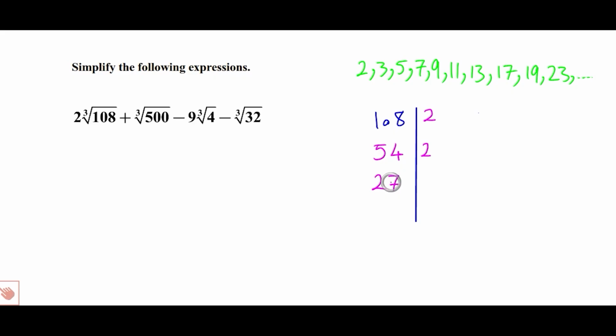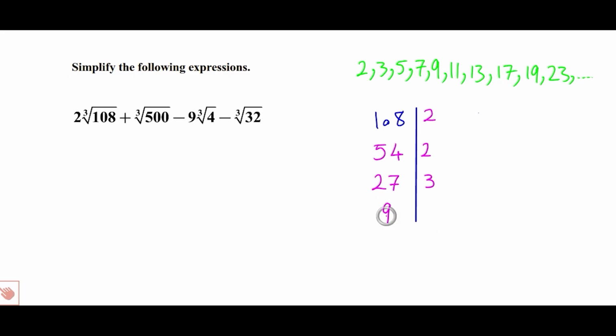No, it's not, because it's an odd number. So we choose the next prime number, which is 3. Is this number divisible by 3? Yes. So we write 3 here and then we divide 27 by 3, which is equal to 9.